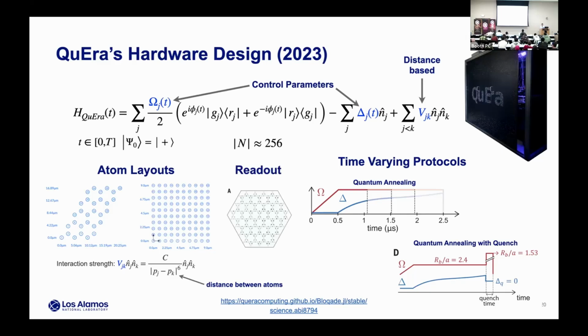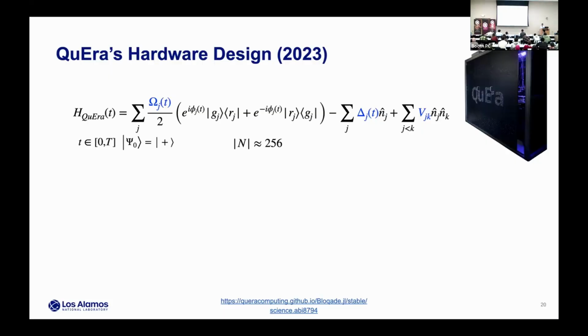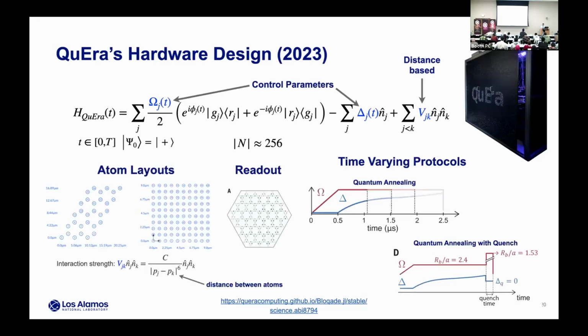So the question is, what about errors and error correction? In general, for analog quantum computers, there's no error correction theory. So no error correction. There's absolutely error, right?